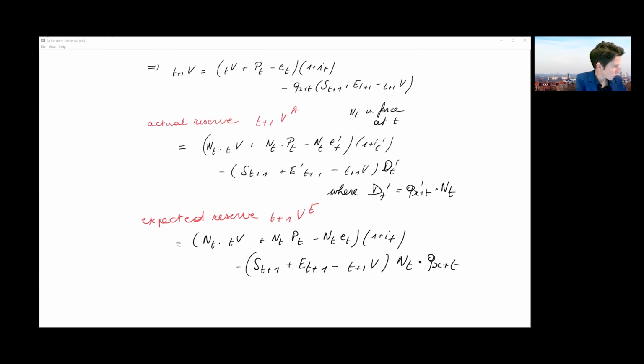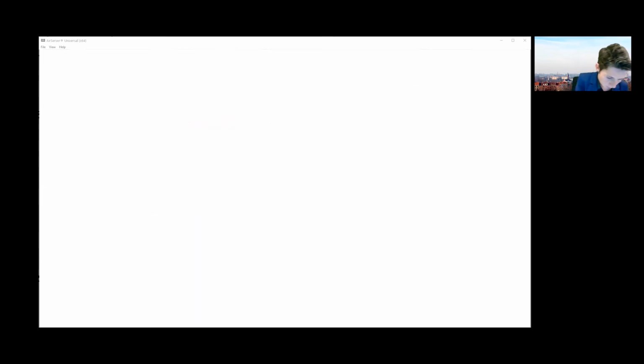If I would write that down, what we can do, if we look at the profit or loss between time t and t plus 1, what we're going to compare is the actual capital that we're holding versus the expected capital. And if that amount is positive, we're making a profit. If that amount is negative, we're making a loss.